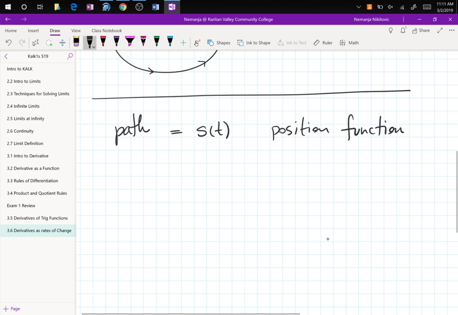And since it's in time, it's in respect to time. So I can come up with these functions by observing the motion of the object in time.